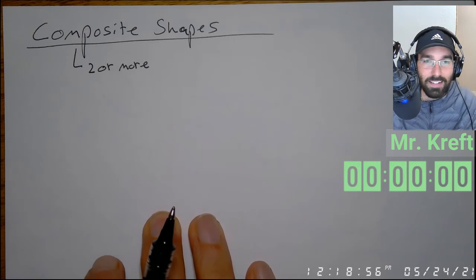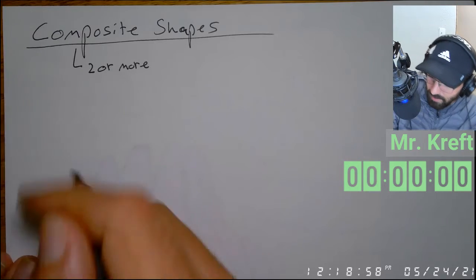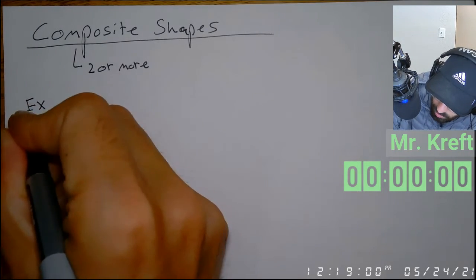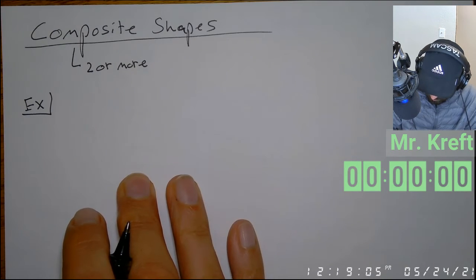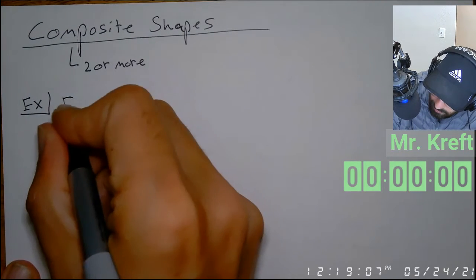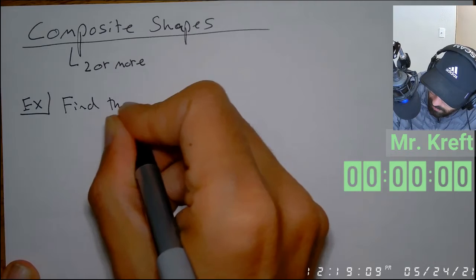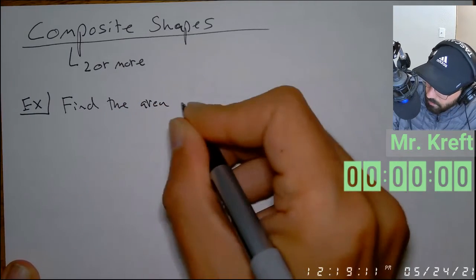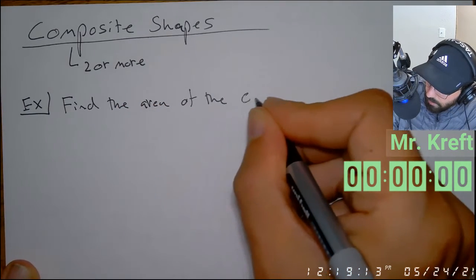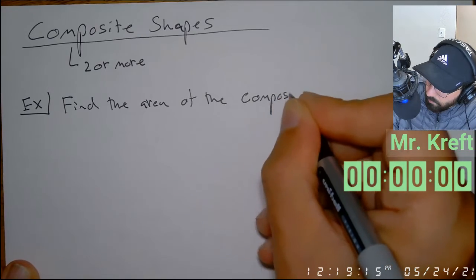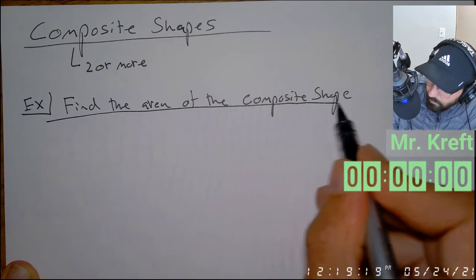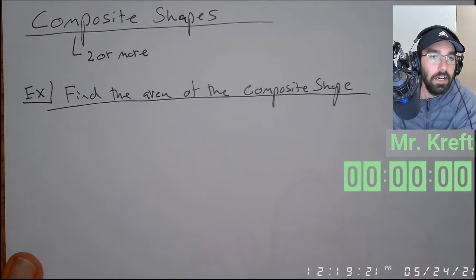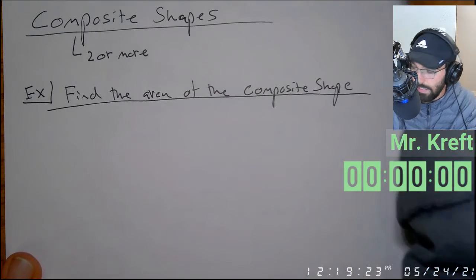I'm just going to do some examples of what we're going to do with composite shapes. Here's an example: you're going to find the area of the composite shape.